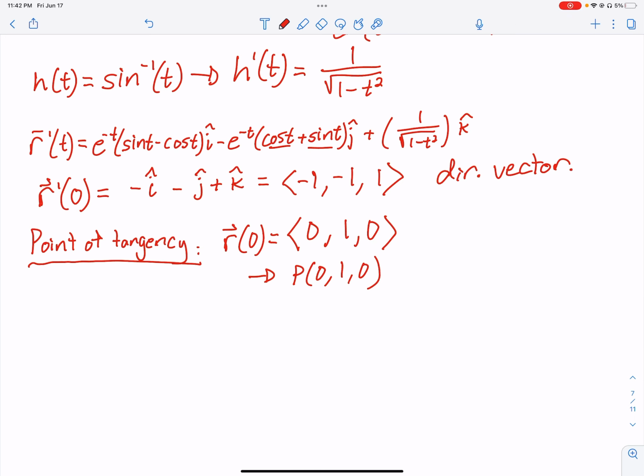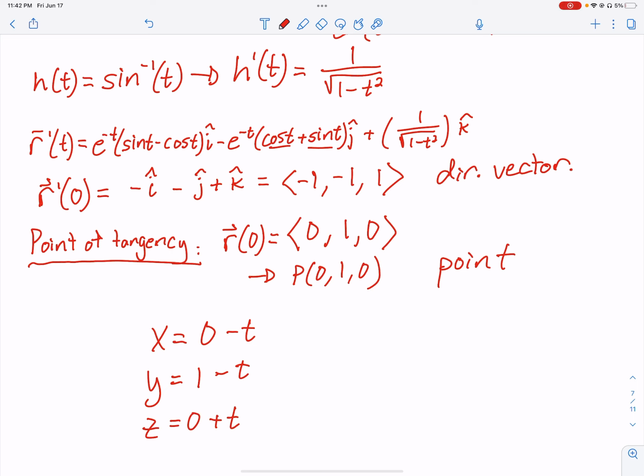Remember, we're looking at a line, so we have symmetric or parametric. We usually go with parametric. X equals, my point is 0 minus t. I'm using the vector and the point. Y is equal to 1 minus t. And z is equal to 0 plus t.